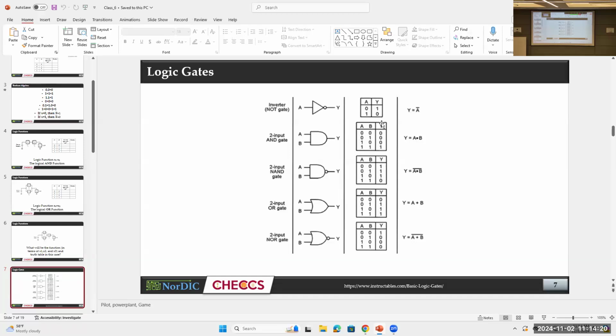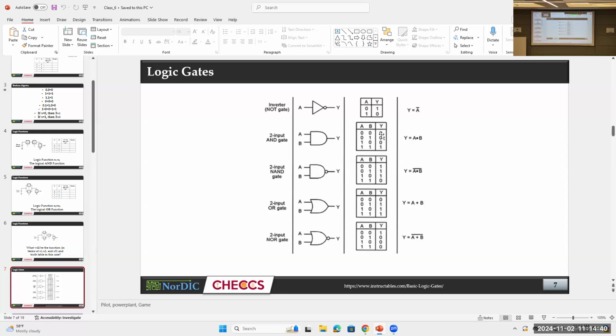Look at the truth table of the AND gate and the NAND gate. Look at the Y column. Y is the output here. For the AND gate, it is 0 0 0 1. But in the NAND gate, the output is 1 1 1 0, exactly the opposite.